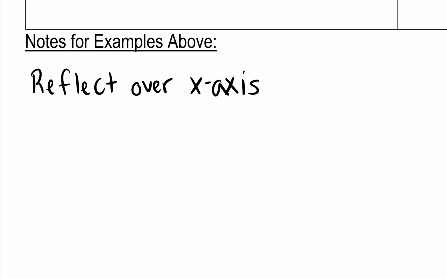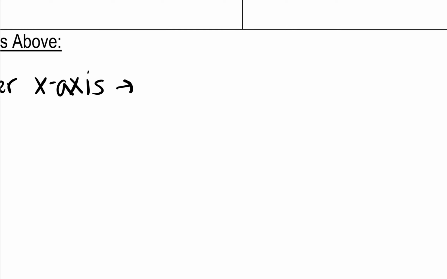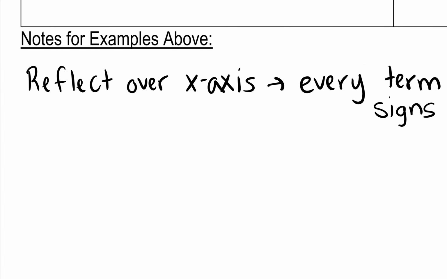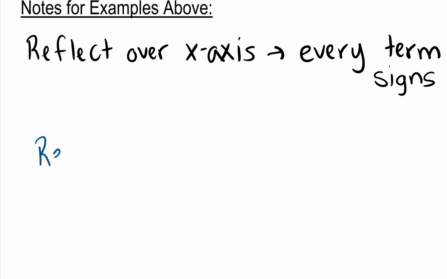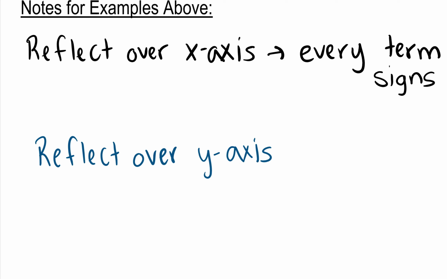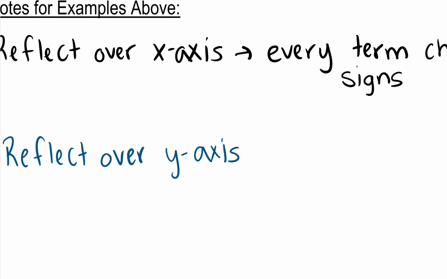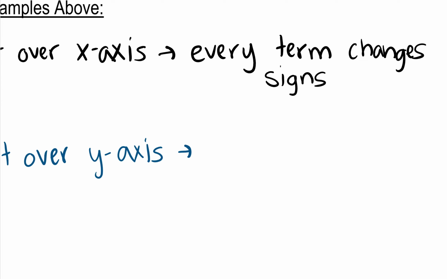To reflect over the x-axis, every term changes signs. There is a case where you could do both, but I'm not going to do that in here. That's just too much. I just want you to be able to notice one of these, not both together, because that makes it more tricky. But you can do both.